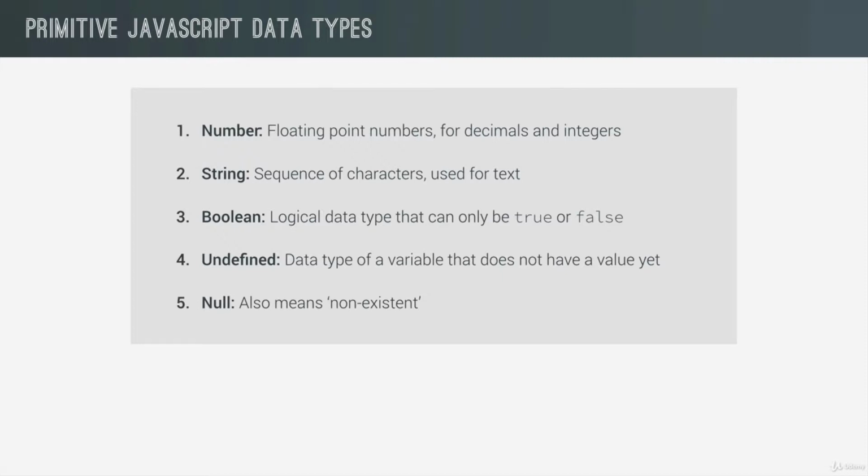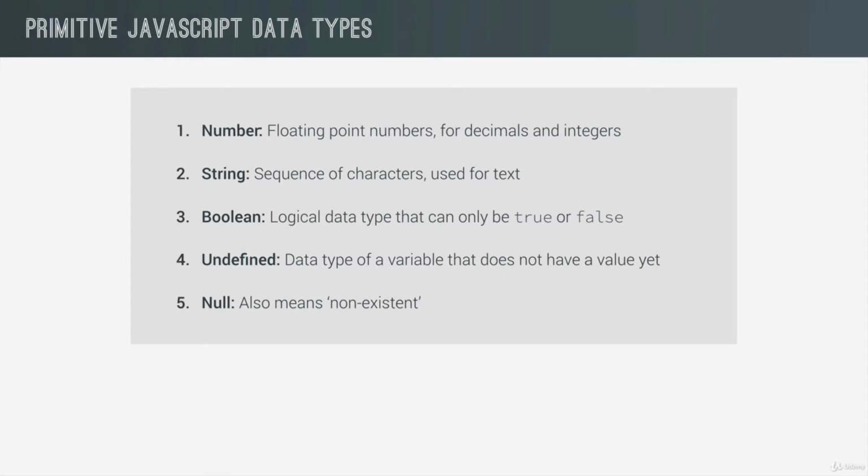First off, we have numbers, and JavaScript numbers are always floating point numbers, which simply means that they always have decimals, even if we sometimes don't see or even don't define them. For example, 5 is like having 5.0. In other programming languages, many times it doesn't work like this, and you have different data types for integers and decimals, but not in JavaScript. Here all numbers are simply float numbers, even if they look like integers.